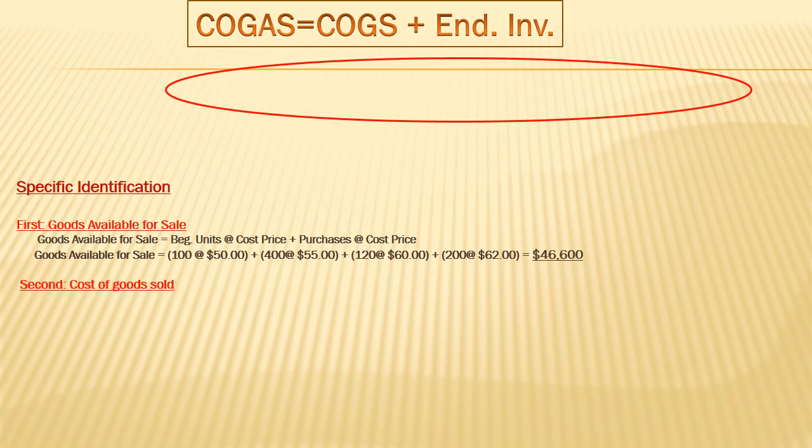Okay, then I want to arrive at the cost of goods sold. How to arrive at the cost of goods sold? I have 80 units from beginning inventory.